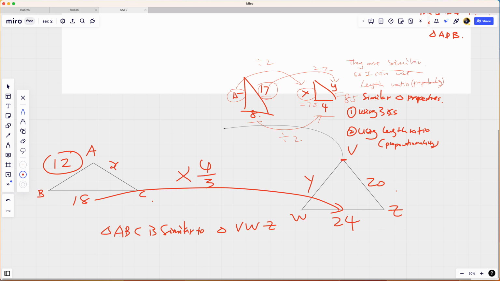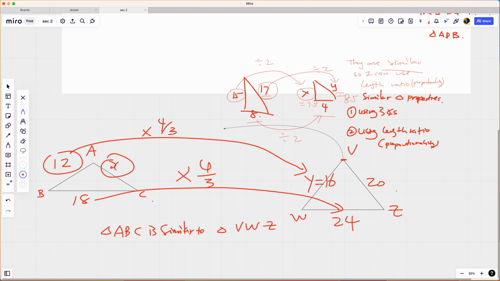The Y or 20? Y? Yes, because it's the left hand side, right? So you times the 4 over 3. What do you get? 16.